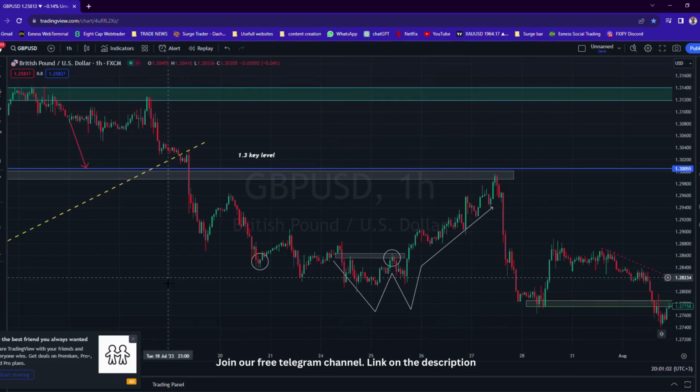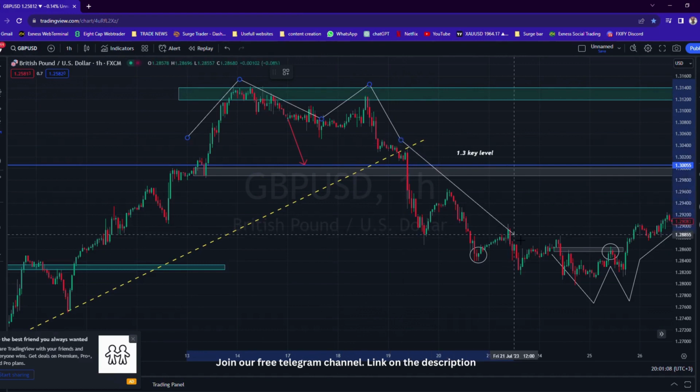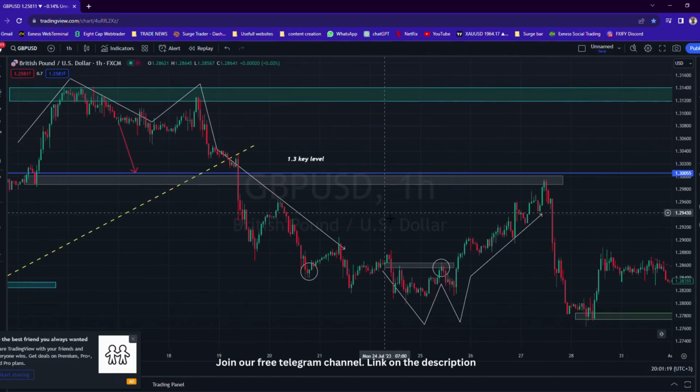So double bottom or double top right there created a move to the downward side. Those two are always an indicator that the trend is taking a pause and changing direction to the opposite side. So those are the three candle patterns we were able to look at today.